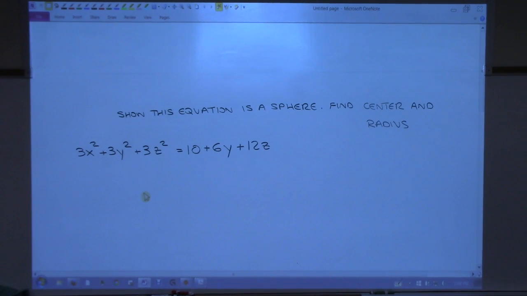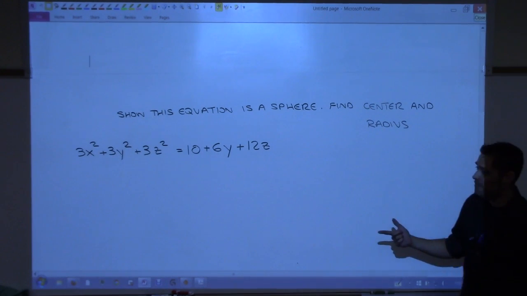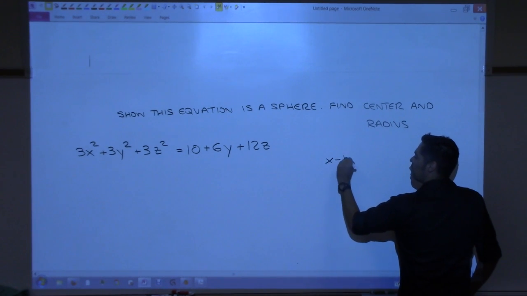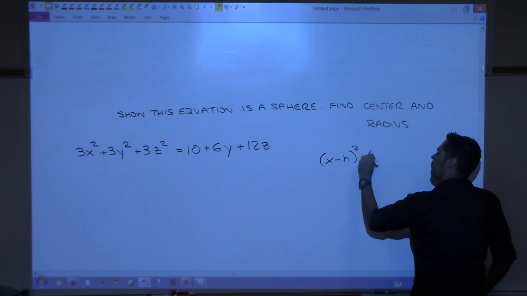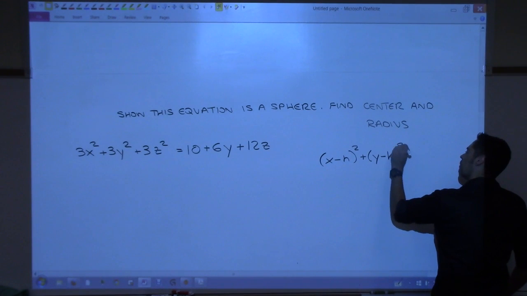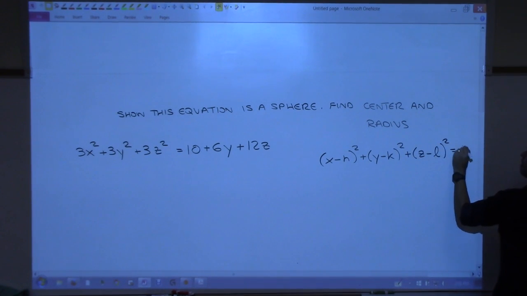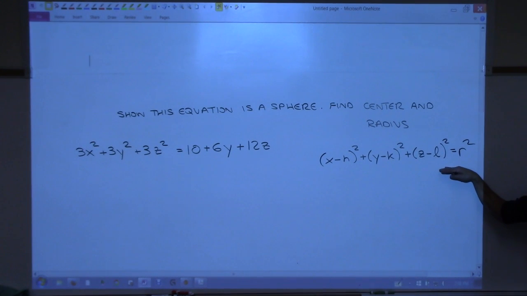If you can tell me how to do it. Anyone have any ideas? Complete the square? Yeah. Okay, so you're trying to get, if you can get back to this, right?